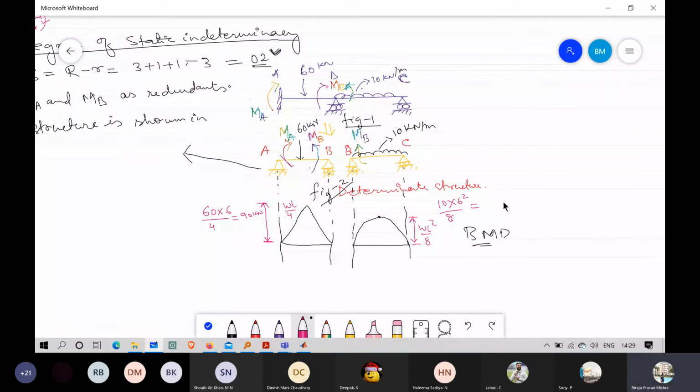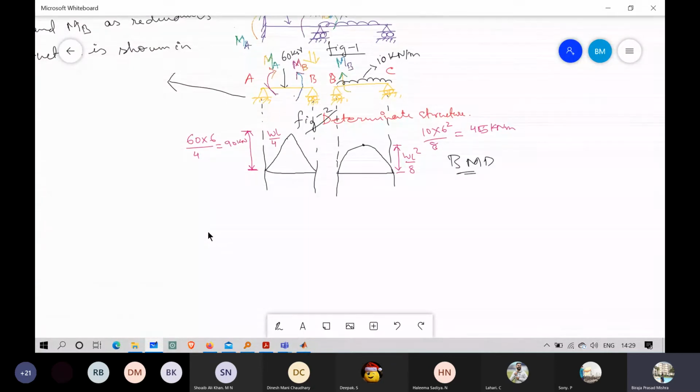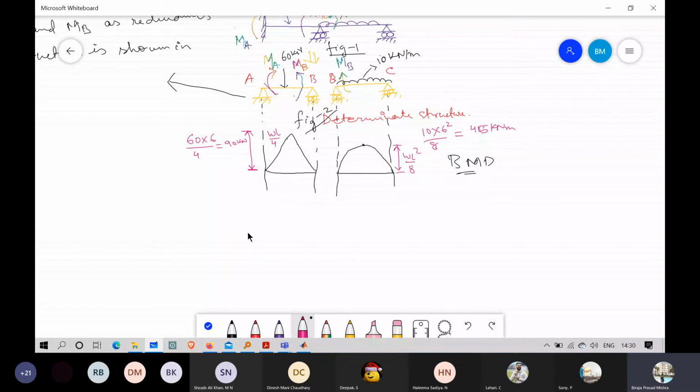So the next step is we need to draw the conjugate beam for this problem.